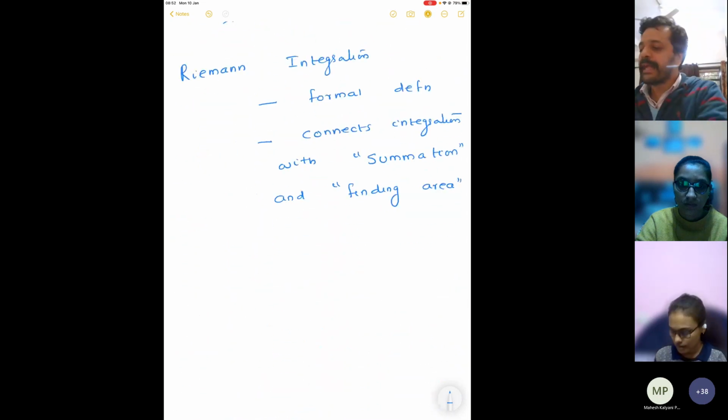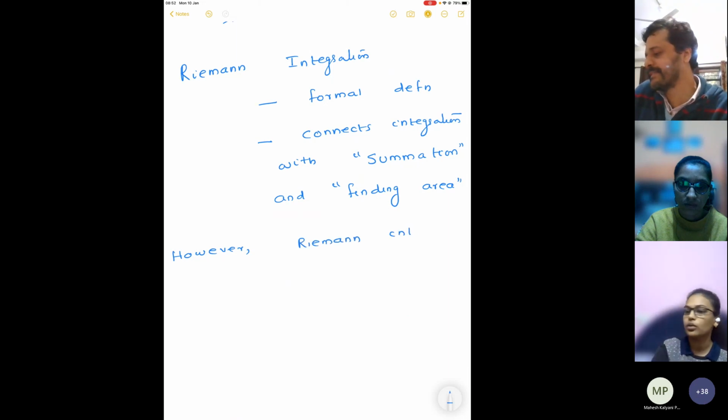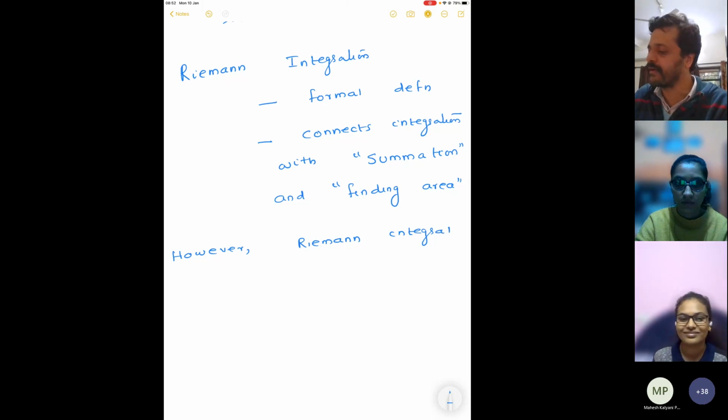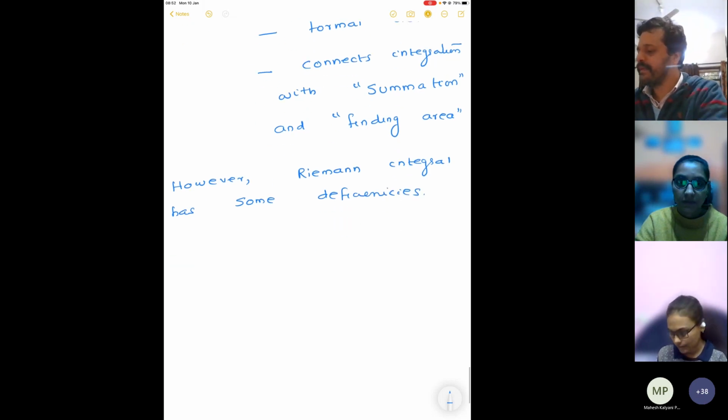Anyway, so Riemann gave this, but however, Riemann's integral has some deficiency. Let us accept that statement. We will see what all the deficiencies we are talking about. Has some deficiencies. Okay.